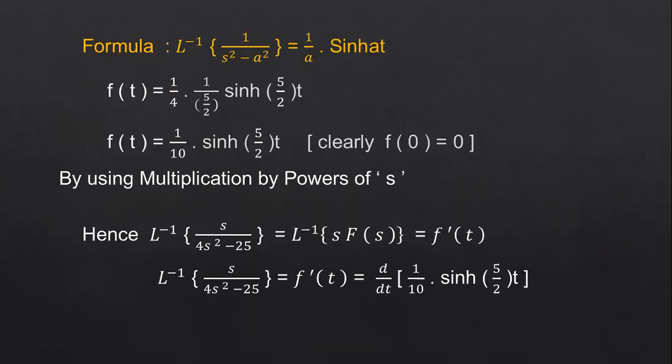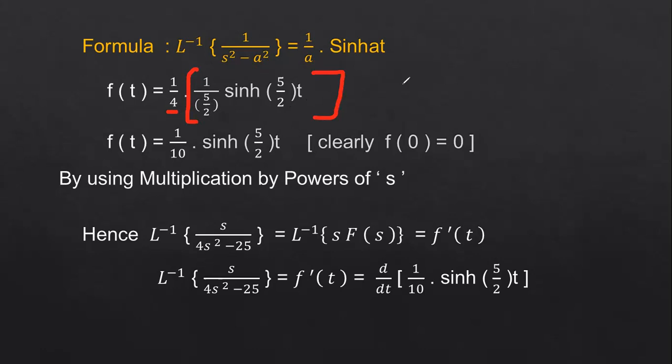So the previous equation is compared with this formula, and in place of a, wherever you have a, simply substitute 5 by 2. So we have 1 by 4 in front, into 1 by a, where a is 5 by 2, sinh of 5 by 2 into t.